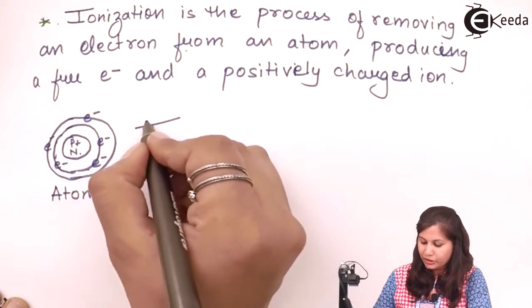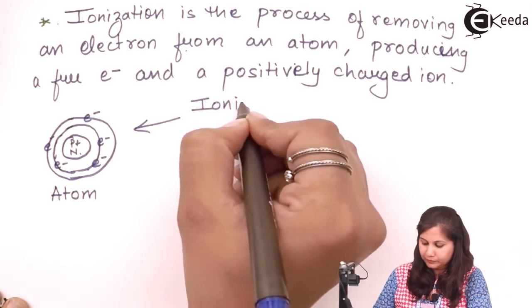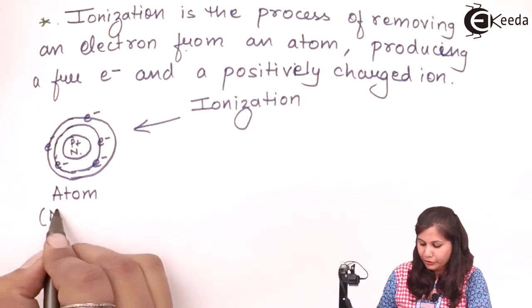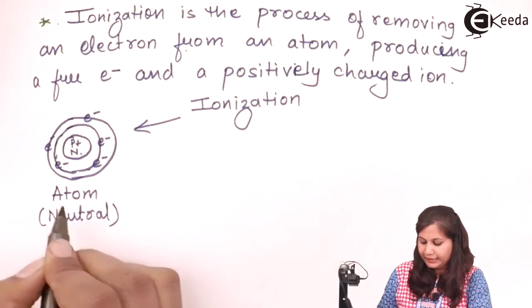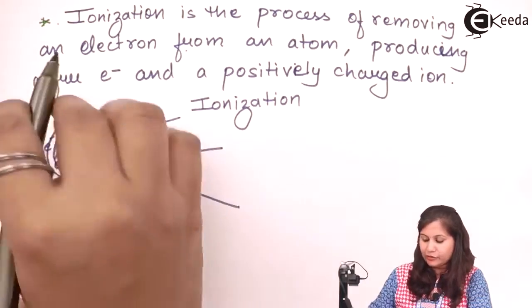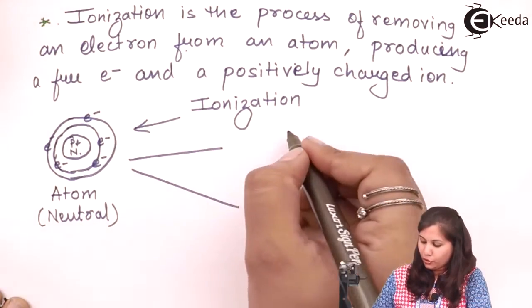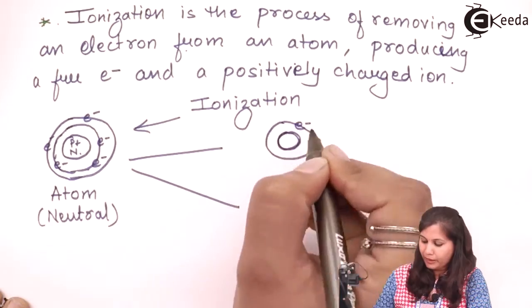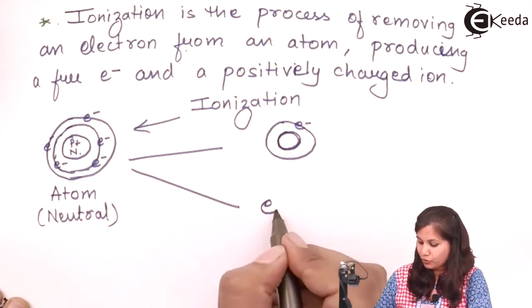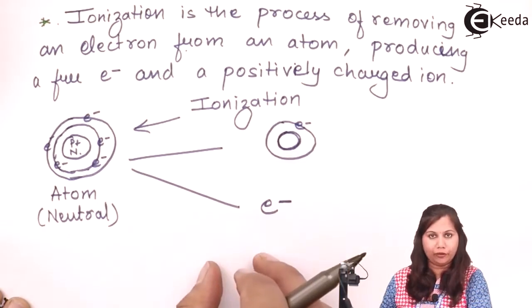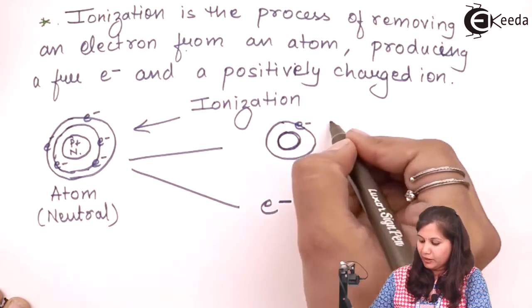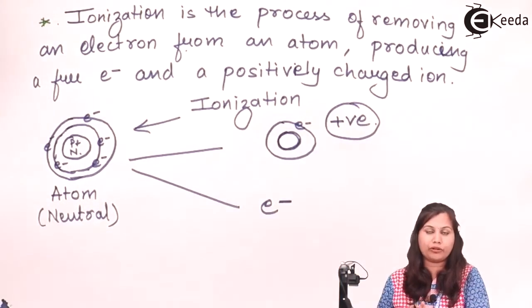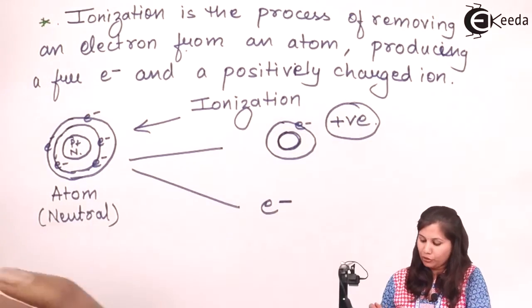Now, when ionization is done, because first this atom is in a neutral condition, an electron is removed from it. So the atom will have its nucleus and its electrons, but one of the electrons is removed, so we have an electron separated from it. Now this atom will be a positively charged ion, because the number of electrons and the number of protons has changed.